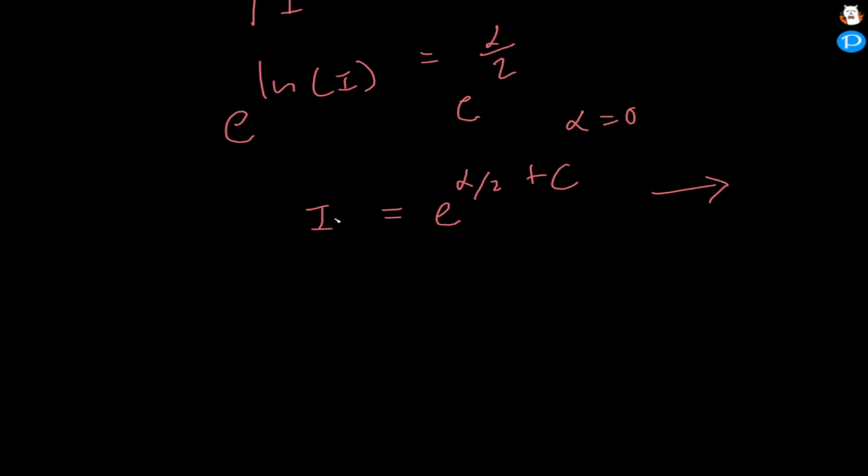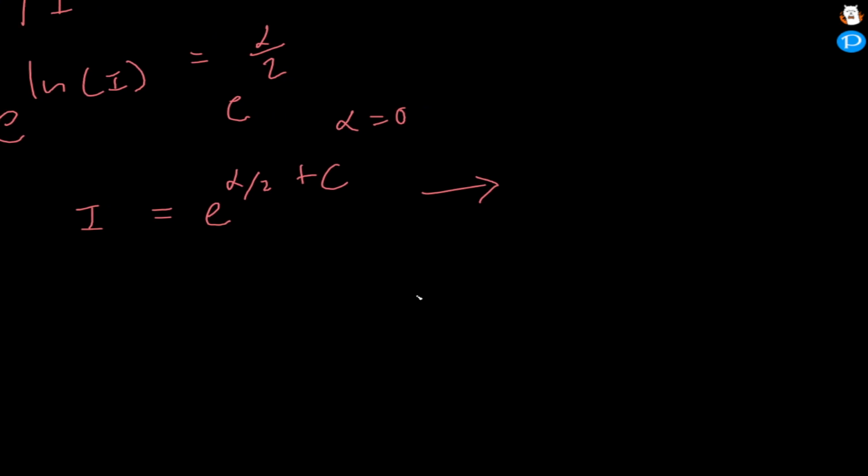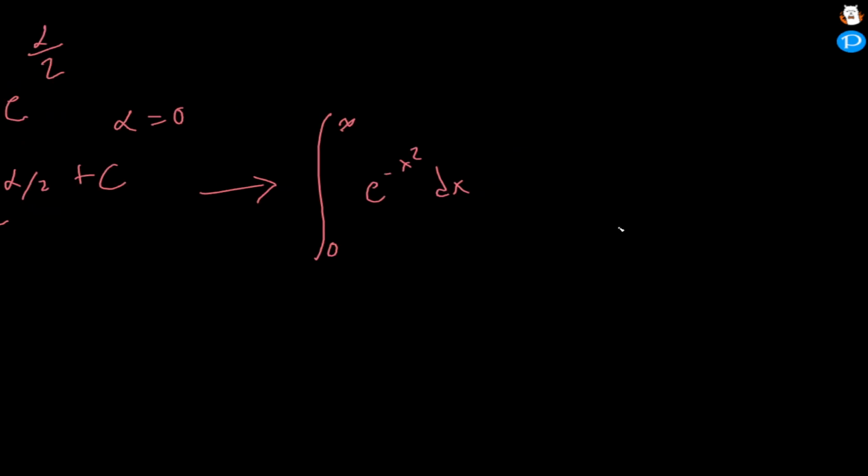And that will also have some implications in this I. If we recall what I was, we know that cosine has that variable inside, and it's multiplied by the e to the minus x squared. So that means that we will now have the integral of, because cosine at 0 is 1, e to the minus x squared dx, which will then develop to this e to the c.